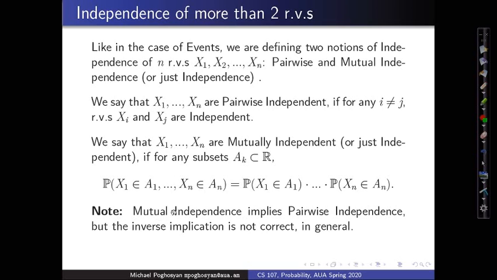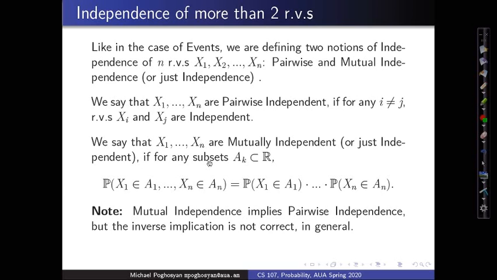And an important note: mutual independence implies pairwise independence, but the inverse implication is not correct. Let's see how to prove that mutual independence implies pairwise independence. Say I want to show that x1 and x2 are independent.